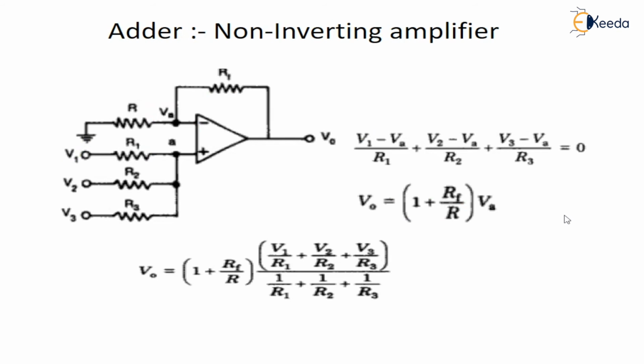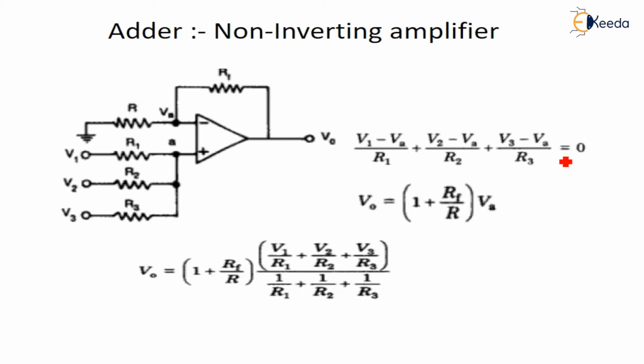Now the adder of the non-inverting amplifier. That means all the signals which we have to add are connected to the non-inverting terminal, and the inverting terminal is grounded through resistors.